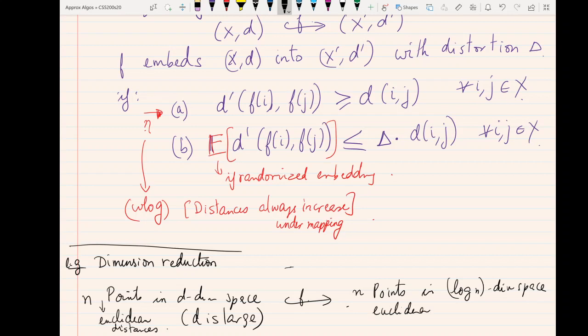Now this is called the Johnson-Lindenstrauss lemma. Okay, and it's a really important result that is used all over the place usually.